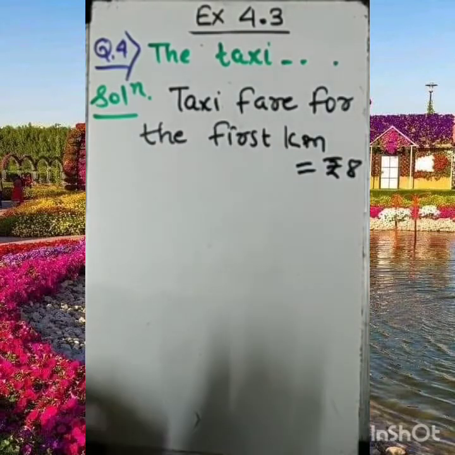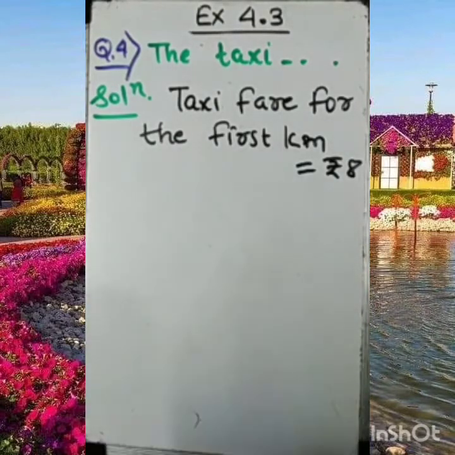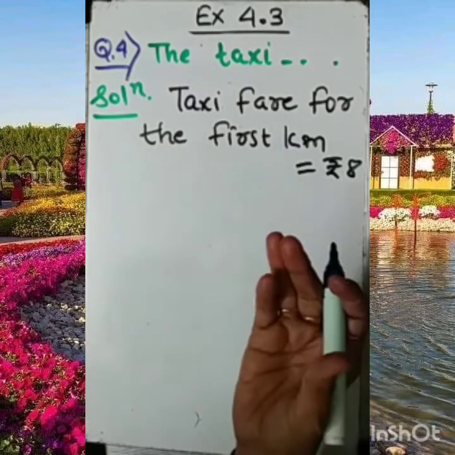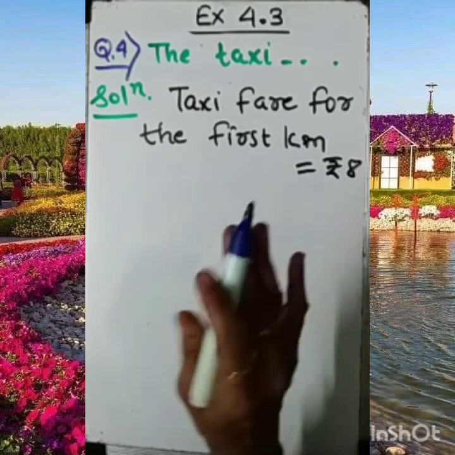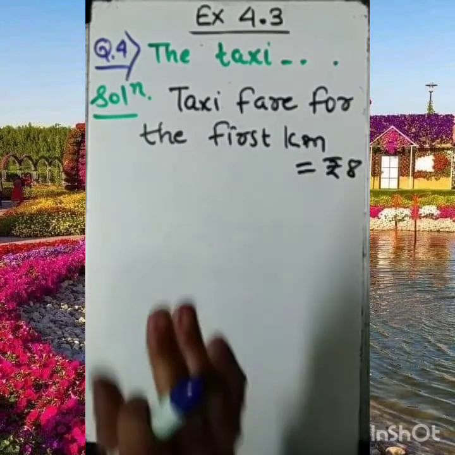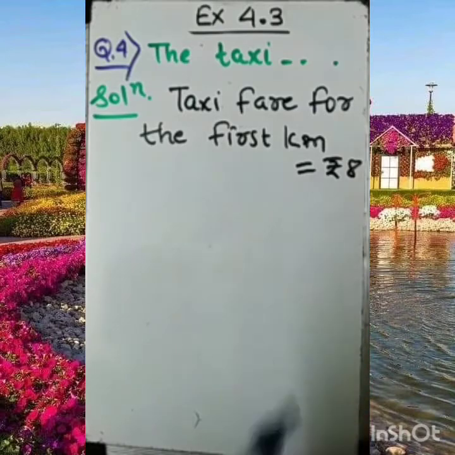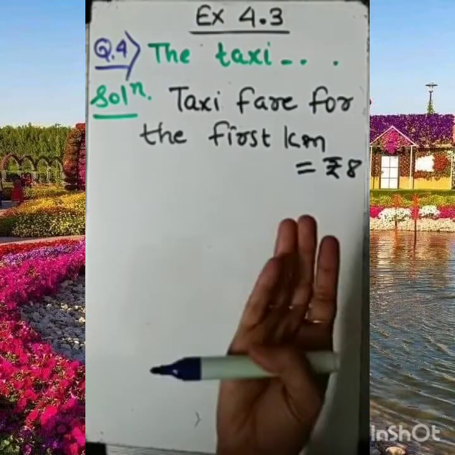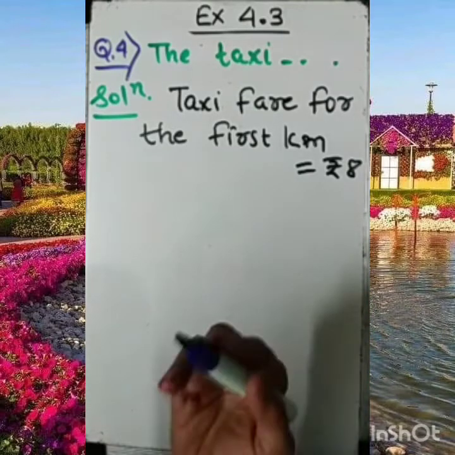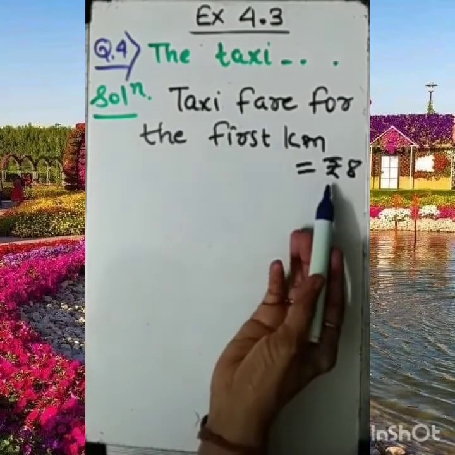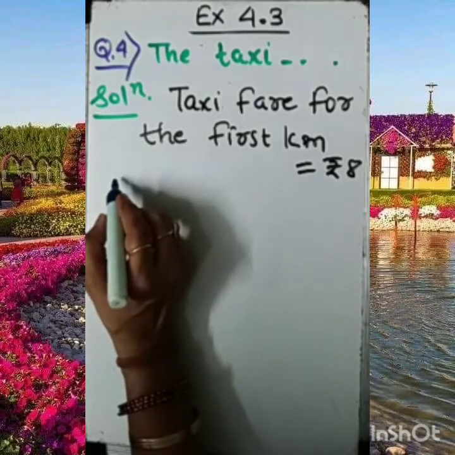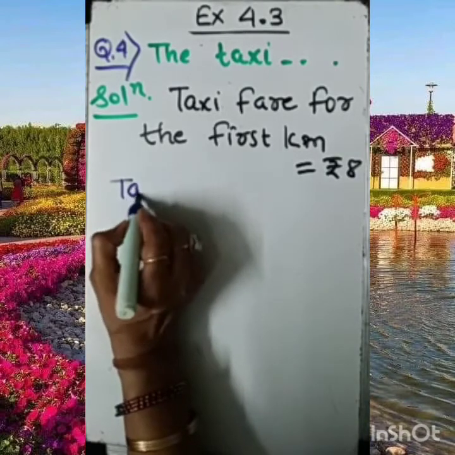Then second, we need to find the taxi fare for the next kilometers, rupees 5. For the first kilometer it is 8, but leaving the first one, we start with the second kilometer, third kilometer, fourth kilometer. So how much amount do we have to pay? Extra rupees 5.